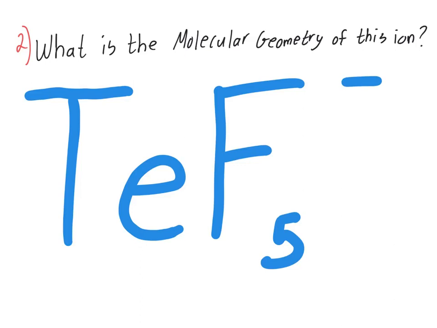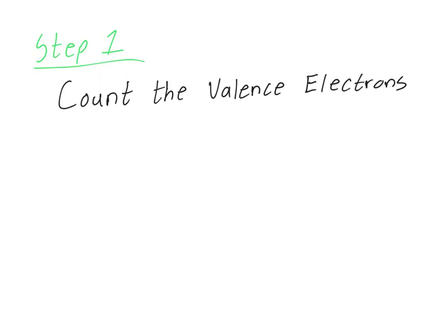So again, we're going to go through our steps that we did previously in the other video. First of all, we have to find the number of valence electrons in TeF5.